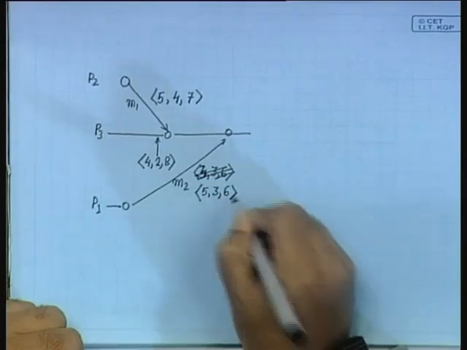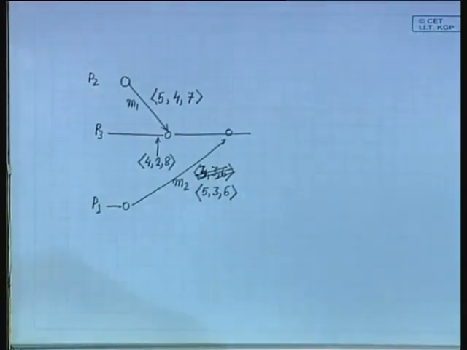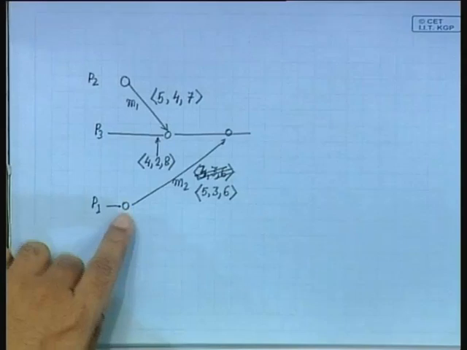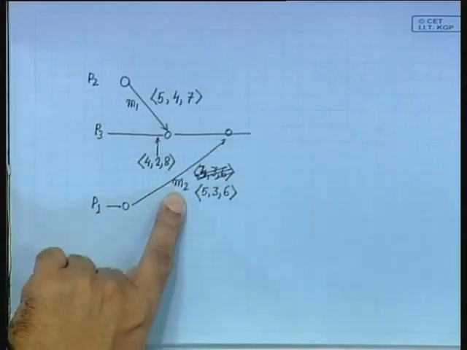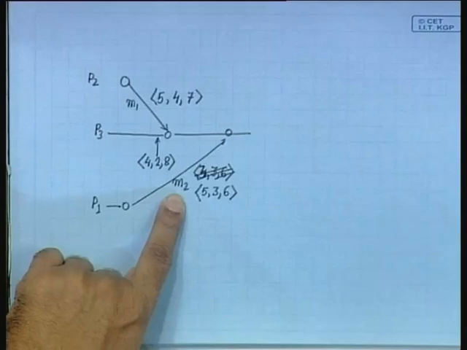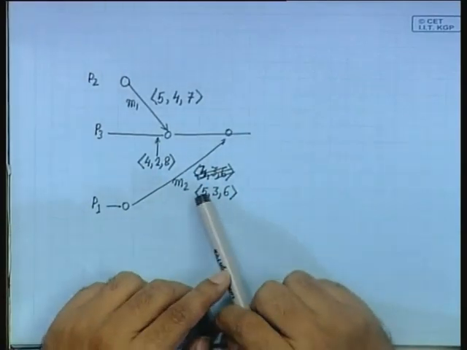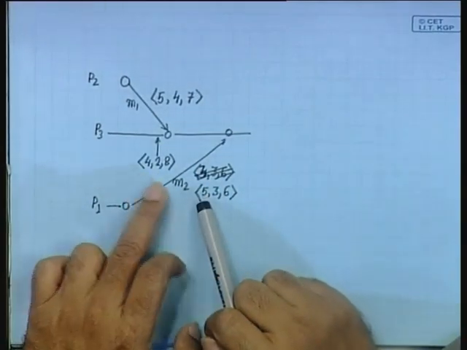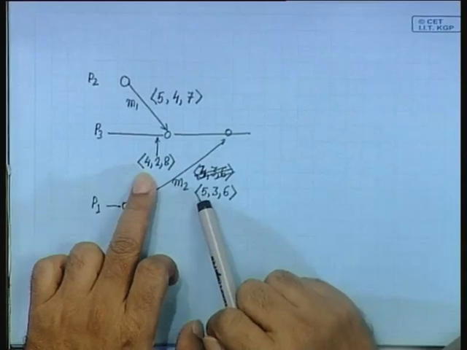If it is 5, 3, 6, what are we going to do about it? Shall we deliver M2? See, when P3 receives this, it sees that the first dimension is okay, its own dimension is 1 less.